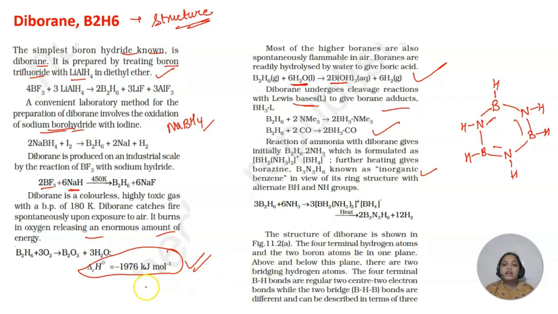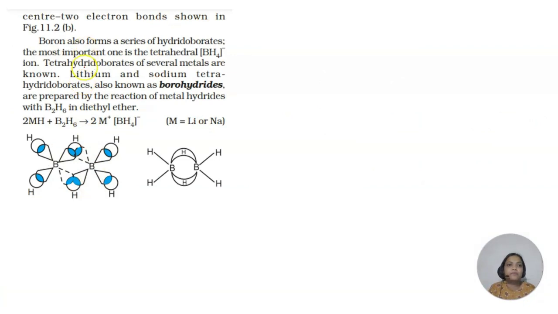Now, if we see the structure of diborane, it has banana bonds in it. Bridging hydrogen atoms are there. Let me show you. You know that B2H6, but boron has only 3 electrons, 2s2, 2p1, right?